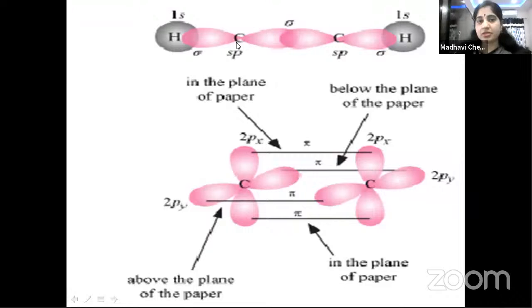Now each carbon has one more sp hybrid orbital. That sp hybrid orbital of each carbon overlaps with the s orbital of hydrogen. This is the s orbital of hydrogen, children. So it forms the CH sigma bond. This is the CC sigma bond and this is the CH sigma bond. Okay, is that clear?